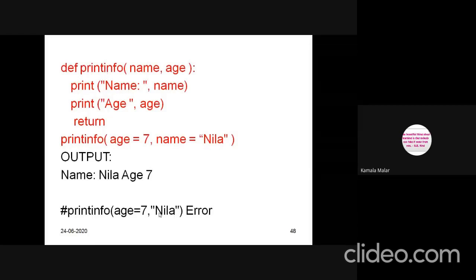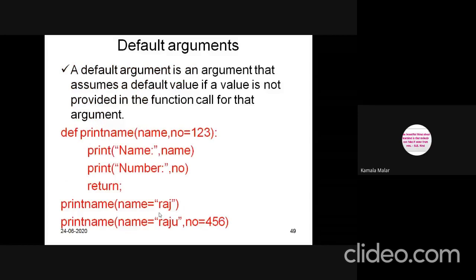Okay. Next one is default argument. So what is meant by default argument? If you didn't specify the argument value, in the definition itself some default value will be assigned. So that default value will be taken into account. If you wish to override that particular value, it's also possible. For example, here the default number value is 123.